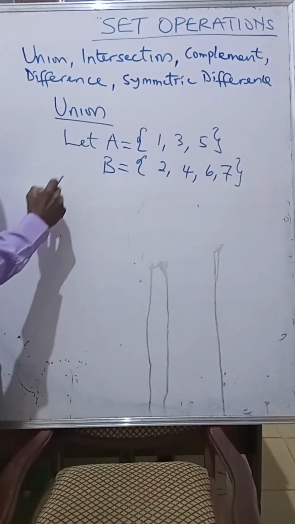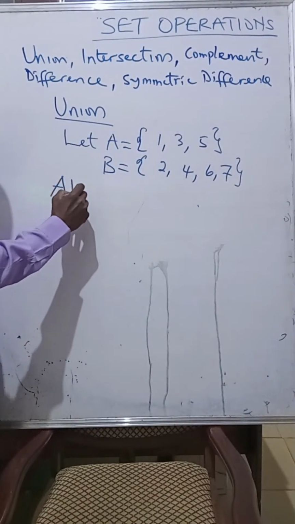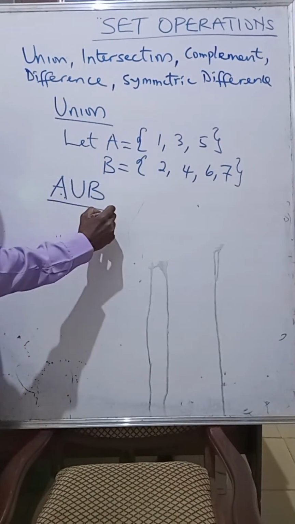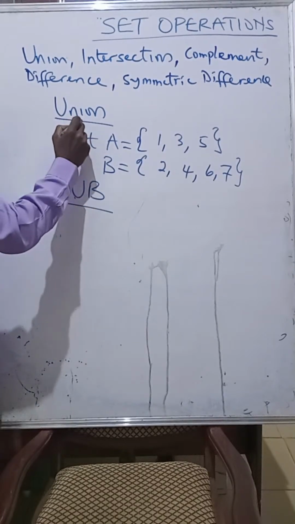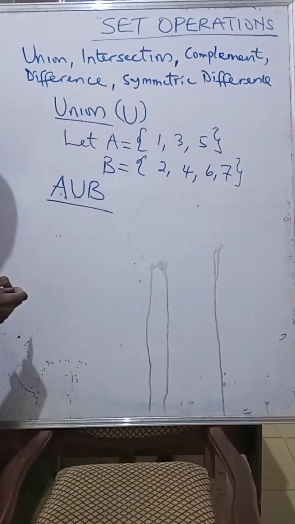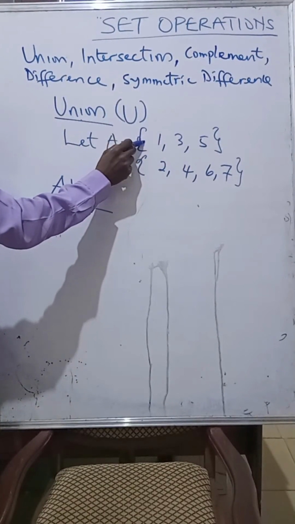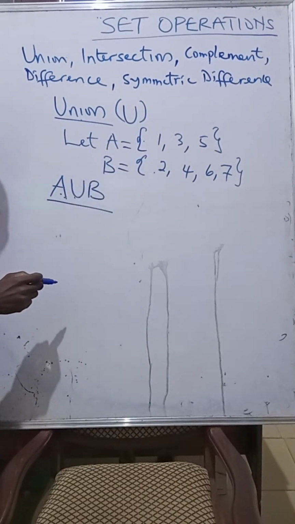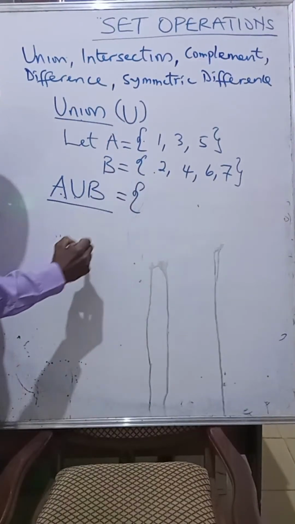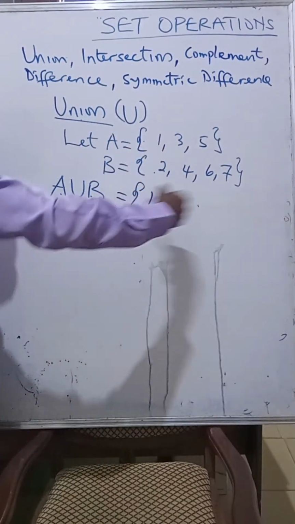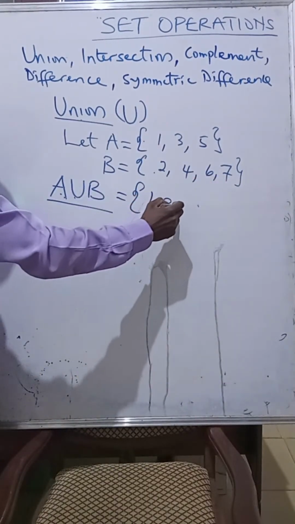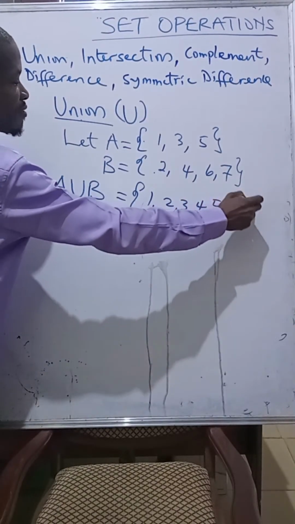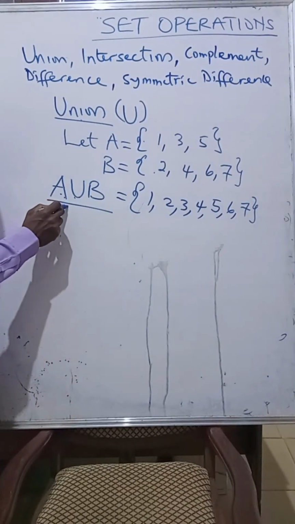The union has this notation, the symbol U: A union B. We use U as the symbol for union, which is the combination of the elements in A and the elements in B. And that will be equal to what? The set of 1, arranged in ascending order, 2, 3, 4, 5, 6, 7. So that's that on the union.